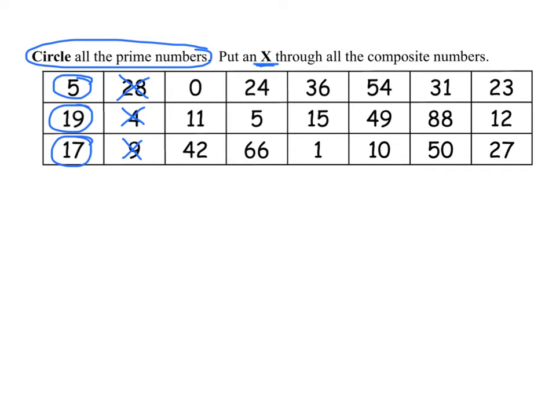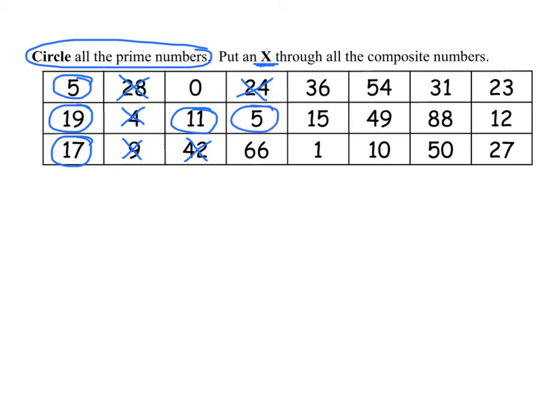0 is neither prime or composite, so we're going to leave that one alone. 11 is prime because I can only do 1 times 11. 42 is composite. There's quite a few things I can multiply together to get 42. Same with 24. There's a lot of options on what I could multiply together to get 24. Here I have 5 again.